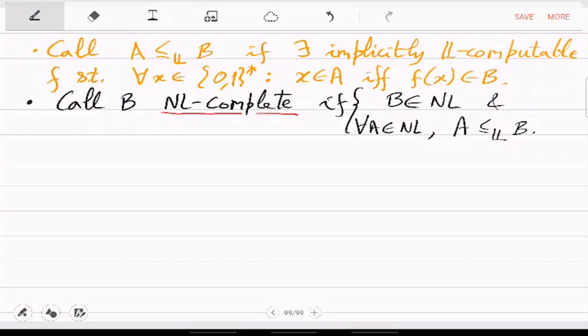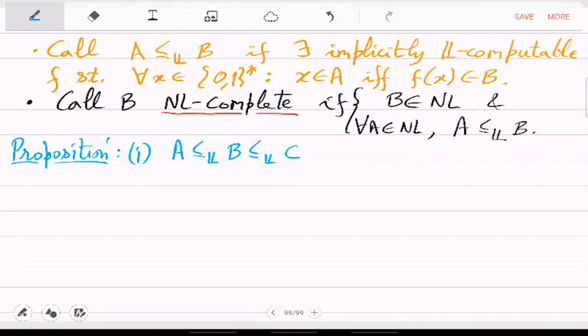Okay, so let's now discuss some quick properties that we can deduce. If A reduces to B reduces to C, log space reductions, then A reduces to C. Right, this seems obvious from the face of it, but it's not completely trivial because remember that log space reduction is only implicitly L computable.